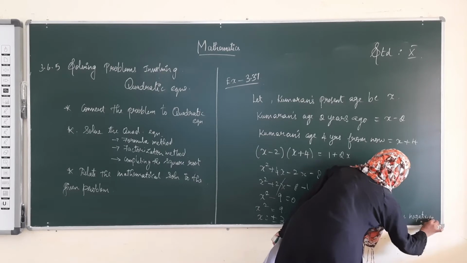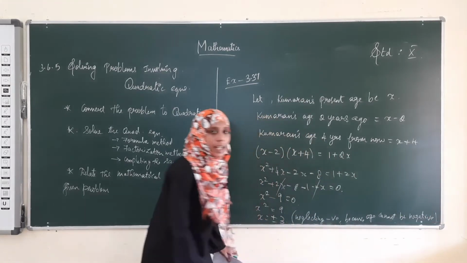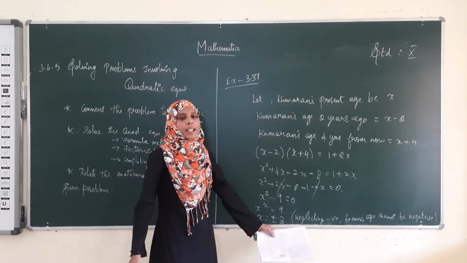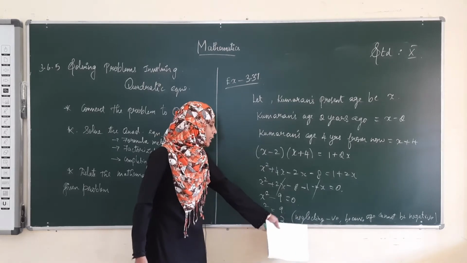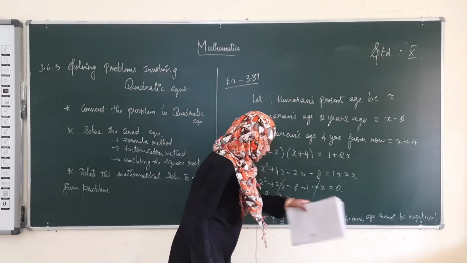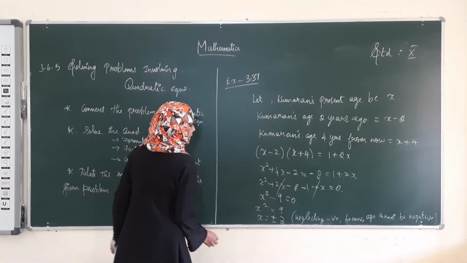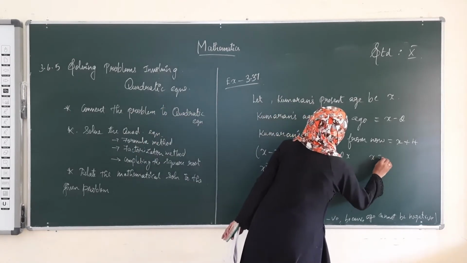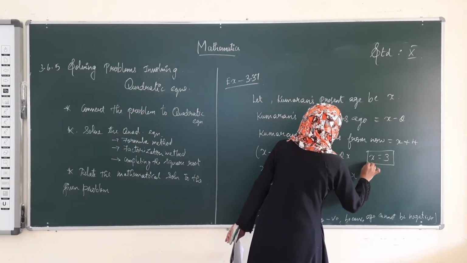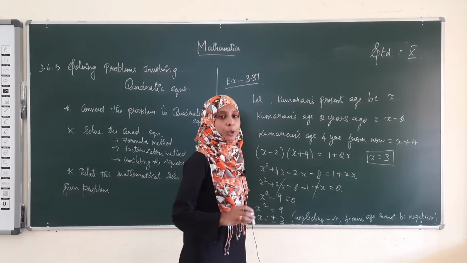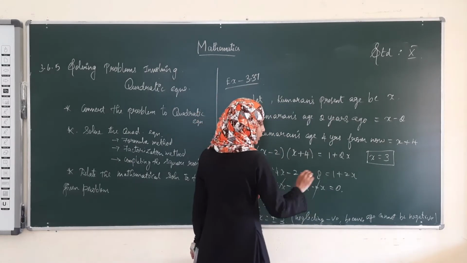Okay, you have to write the reason why we are rejecting the negative sign. We can take x is equal to 3 alone. This is the solution. But what you have to do is write the answer in words.